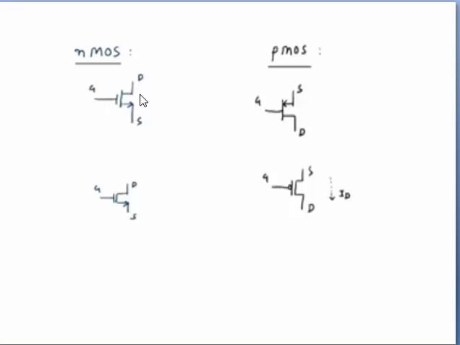Here we have VDS, the output voltage between drain and source, and the current flowing is the drain current. The drain current flows from drain to source, and IG is equal to 0, the gate current is 0, and we have a gap between these two plates. So there is no physical channel, but there is a virtual channel when this MOSFET is on.